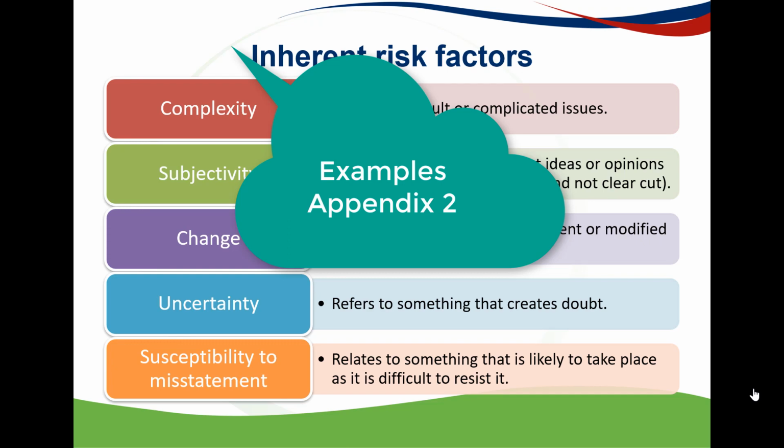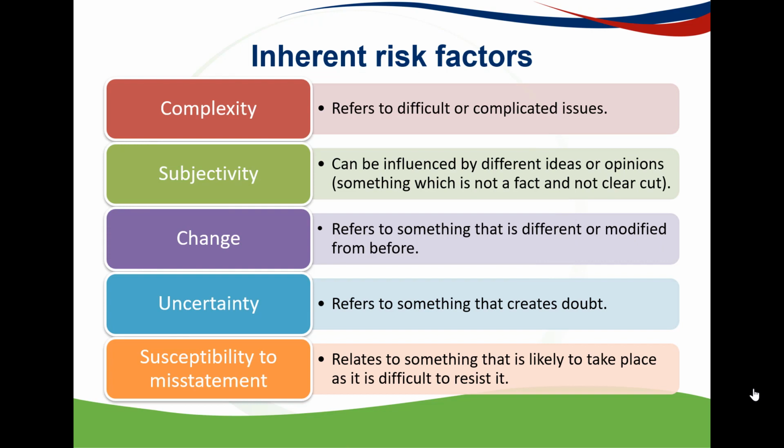If I can maybe just also have a look here, let's for example also see in terms of change. For example, maybe in a scenario we would say that the company expanded into new locations. That is listed as a part of inherent risk factor of change, and then you can also immediately identify that as a risk of material misstatement.